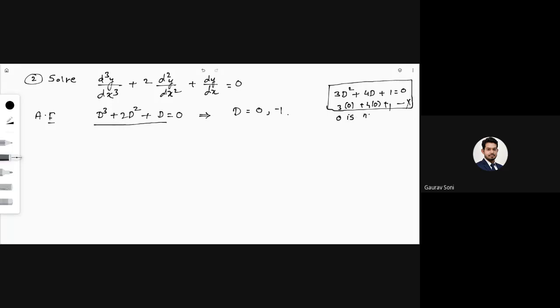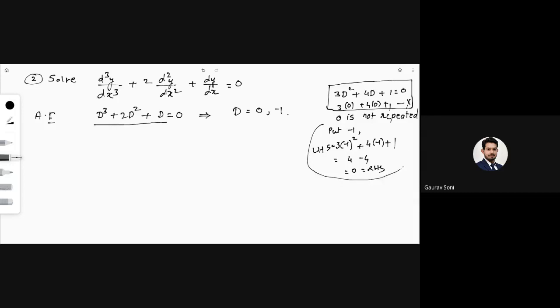If any root is repeated, the derivative will also have that root. So now put minus 1. 3 into (minus 1) squared plus 4 into minus 1 plus 1. So 3 plus 1 is 4, minus 4, the answer is 0, which is equal to the RHS.